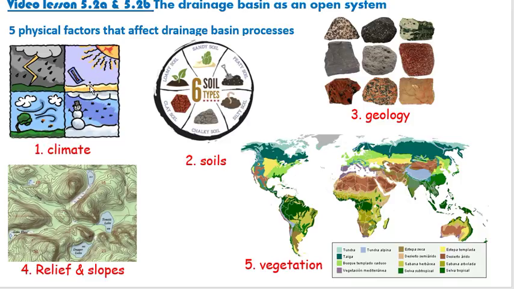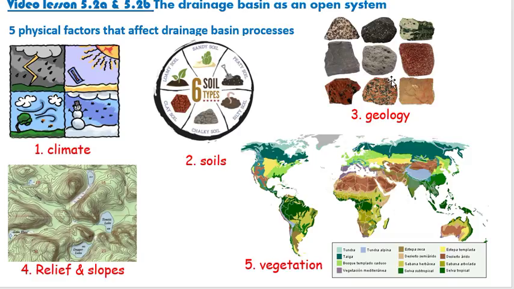Climate is concerned primarily with precipitation levels, rainfall levels, wind and temperature and seasons over a longer period of time, at least 25 or 30 years. The second physical factor or natural factor that affects drainage basin processes is the type of soil. Again, just try and link it to a process. Which process would be affected by the type of soil?